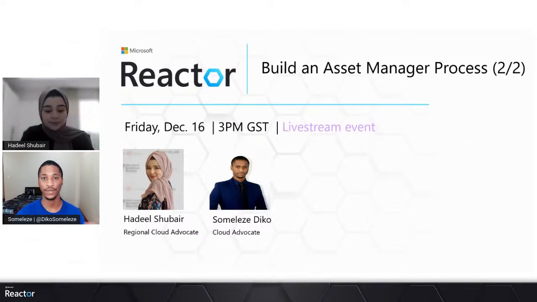So in this case, when Hadil submits her request using the Power App that we just built, it will kick off a Power Automate flow in the background, which we'll build in the next session. I will show you how to build that and set up an approval process and request that will be sent to, for example, her manager, based on conditions.